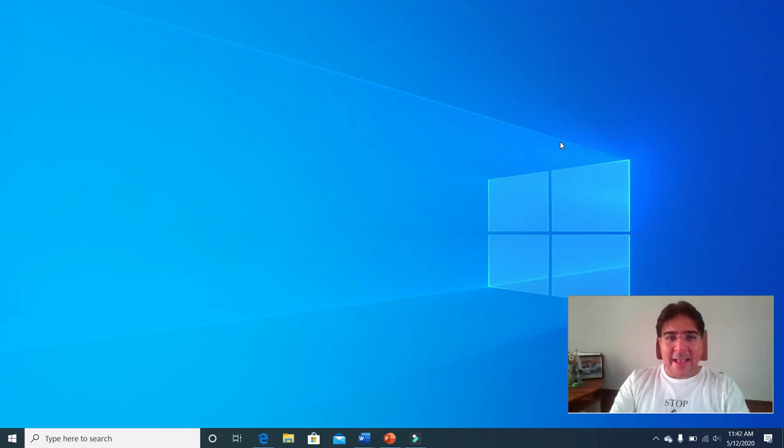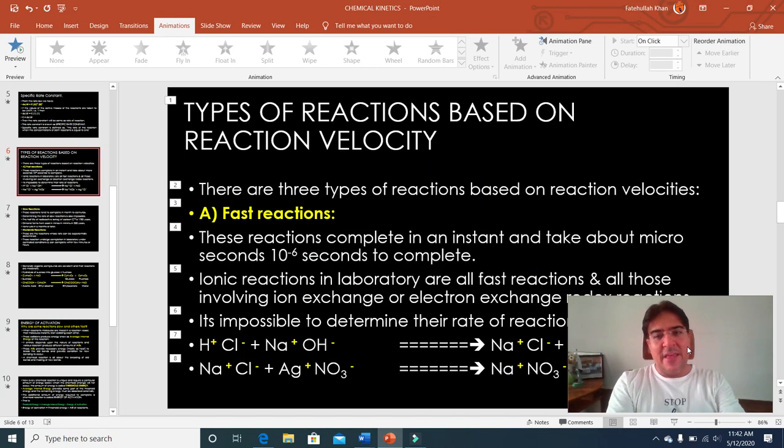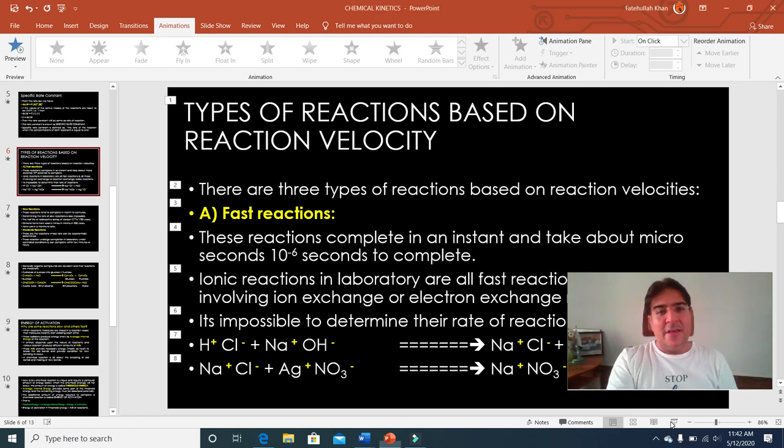So, based on reaction velocities, there are three types of reactions: fast reactions, slow reactions, and moderate reactions.